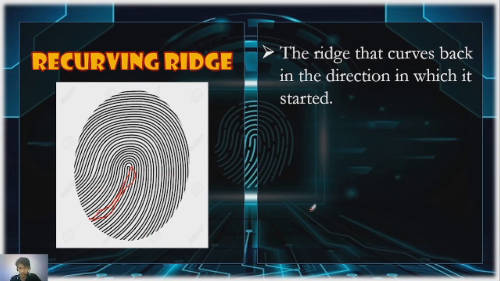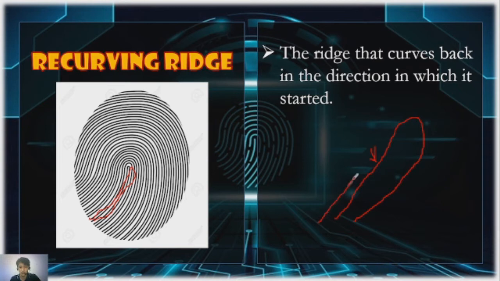In another illustration, it starts here and then it goes back to the direction where it started. So that is a recurving ridge.